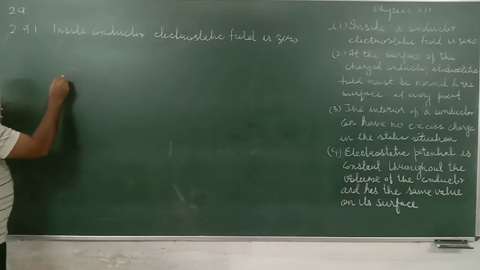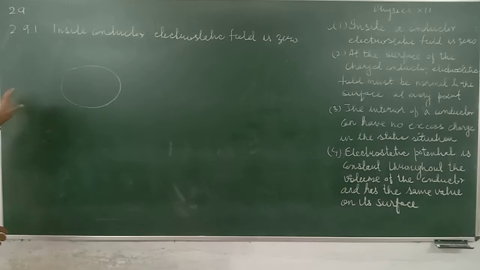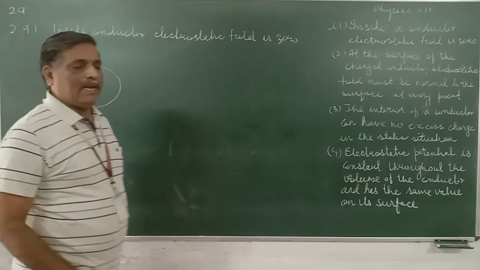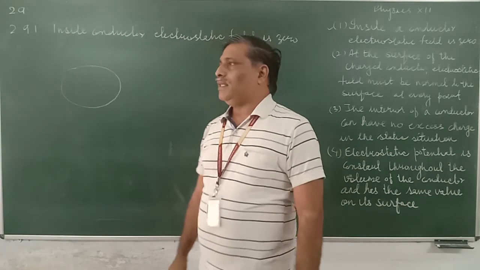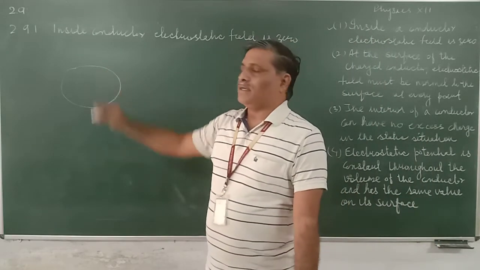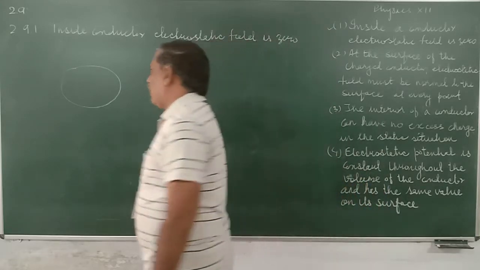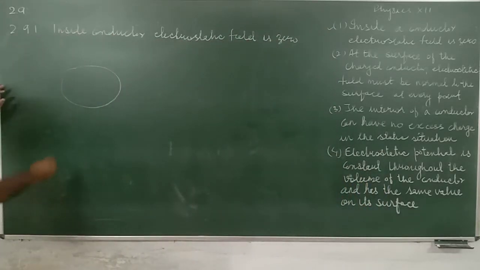Consider this is the conductor. Now we all know that this conductor has free electrons to move. They can move anywhere inside the conductor, but they cannot leave the surface of the conductor. Now, for example, an electric field is applied.